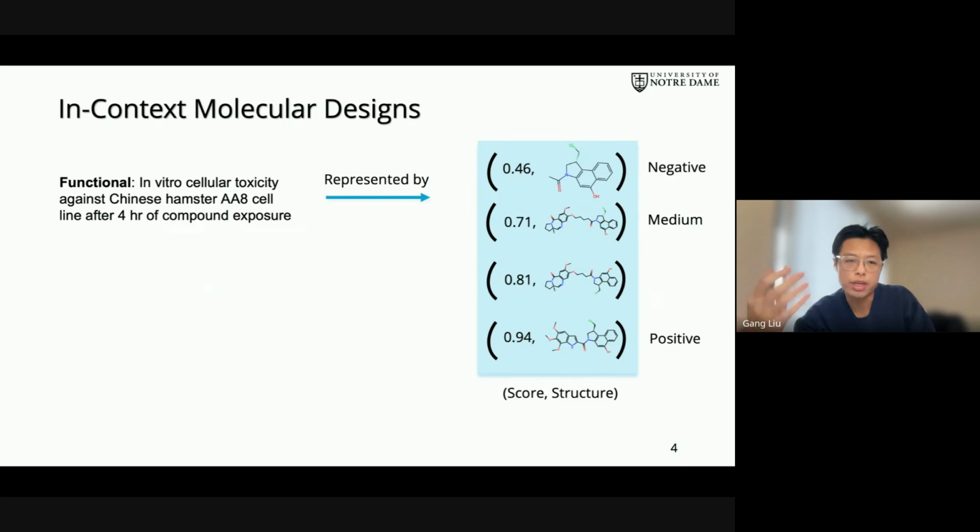That's the motivation of in-context molecular design. In in-context molecular design, we represent the concept of the task by multiple molecule-score pairs. Each pair is one example. We use three kinds of examples here: positive examples, medium examples, and negative examples.